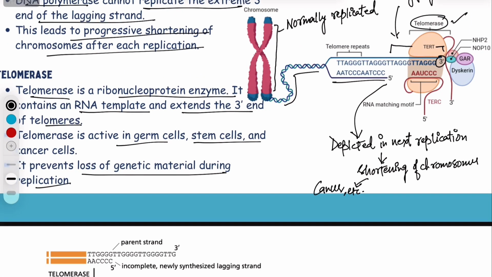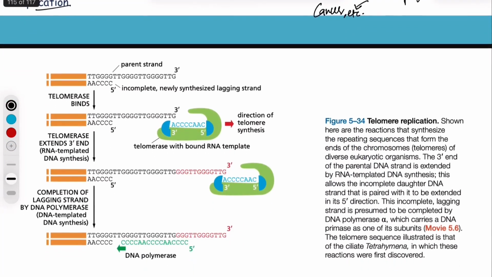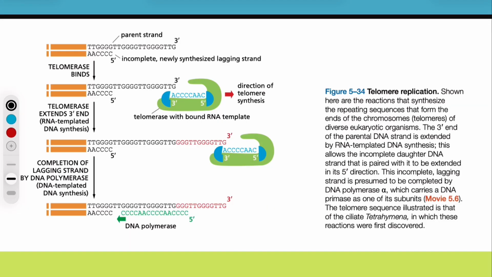It is active in germ cells, stem cells, and cancer cells. This enzyme prevents loss of genetic material during replication. Here you can see on the parent strand, at the 3' end, it is unreplicated on the lagging strand. So telomerase, the green enzyme, comes with an RNA template on it which is complementary to the parent strand.